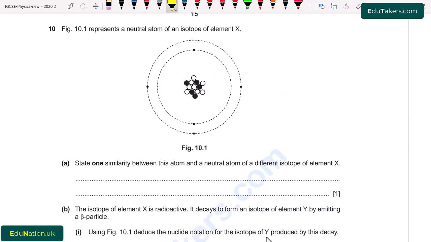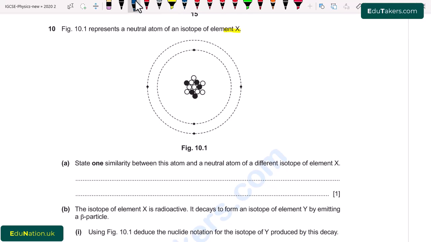Question number 10. Figure 10.1 represents a neutral atom of an isotope of element X. This figure shows the neutral atom of an isotope of element X. Part A. State one similarity between this atom and a neutral atom of a different isotope of element X. Here we have to differentiate between the isotope and neutral atom. We don't need to consider this diagram.